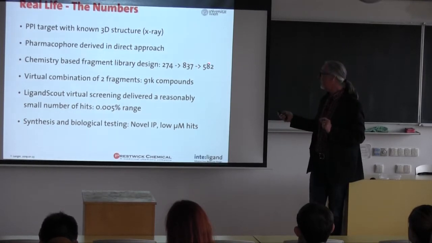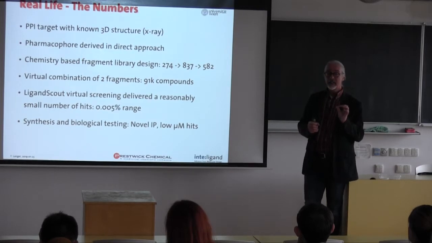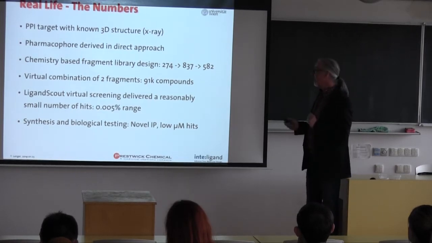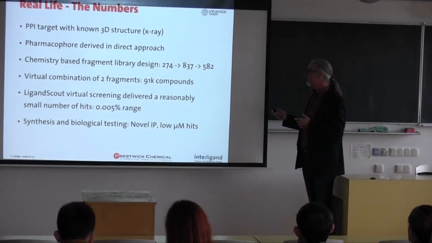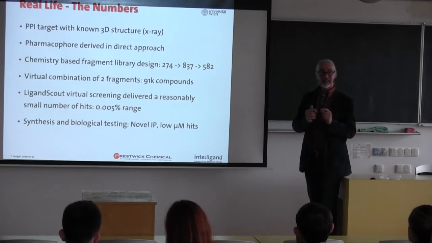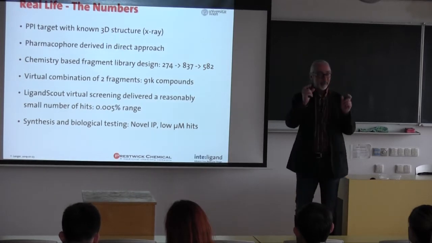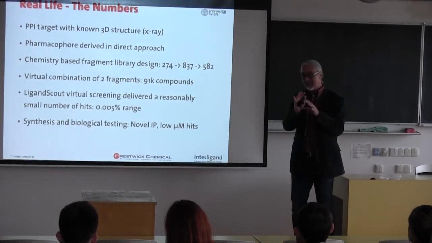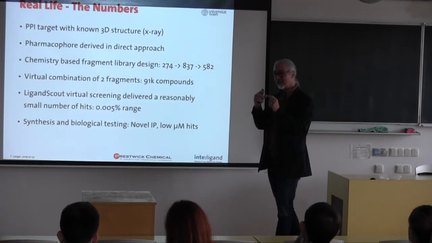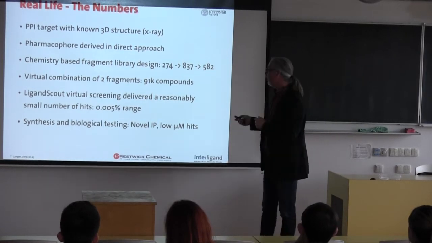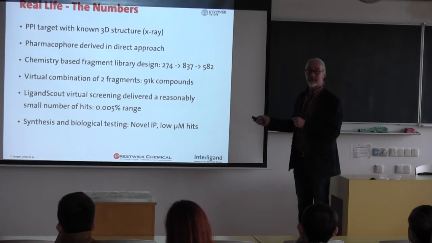So we had at the end 582 unique fragments. And then to make it a little bit faster, we created a library of 91,000 compounds by combining these 582 fragments by 582. So there are some that you cannot combine because there are reactions you cannot do, but we got at the end 91,000 compounds.